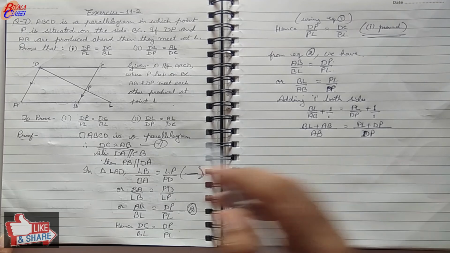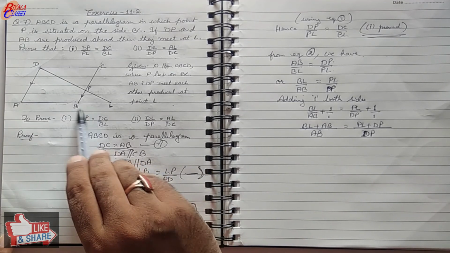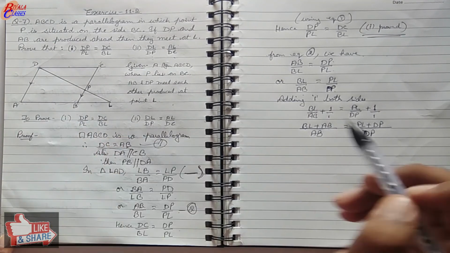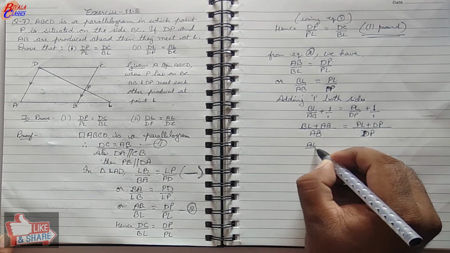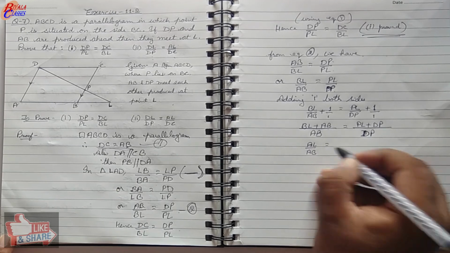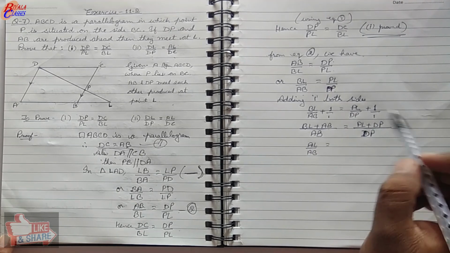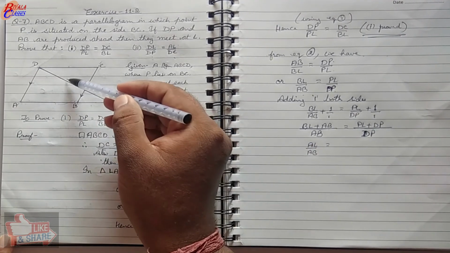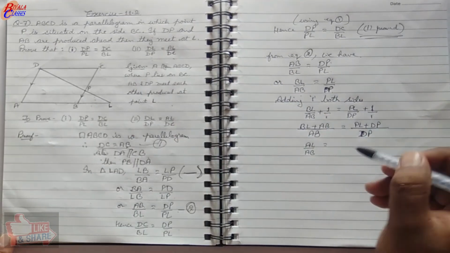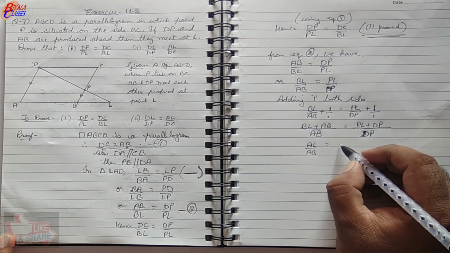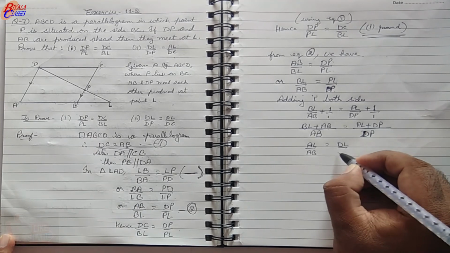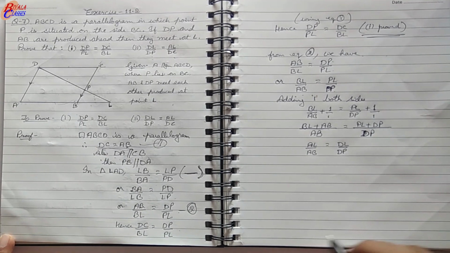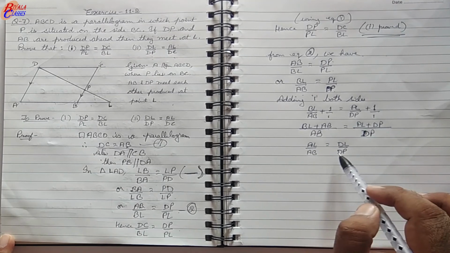Now BL plus AB, if you check the figure, adding these two parts, it is AL. So you can write it as AL upon AB equals, now PL plus DP is equal to LD, or you may say DL upon DP. So this is the result which we get.